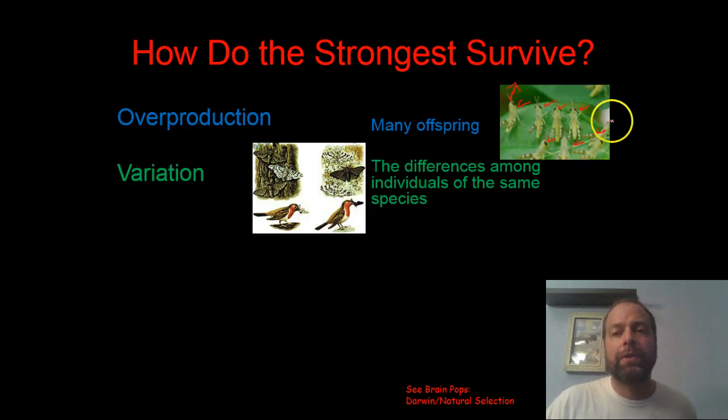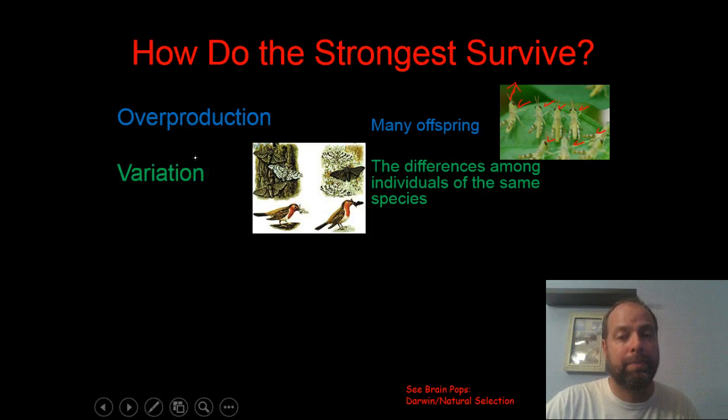Some might be a little slower, might not like a certain food. So there's a slight variation between every single animal out there, as well as plants. These are Charles Darwin's two observations. There's an overproduction and there's a variation within an animal species. Not everyone is the exact same.